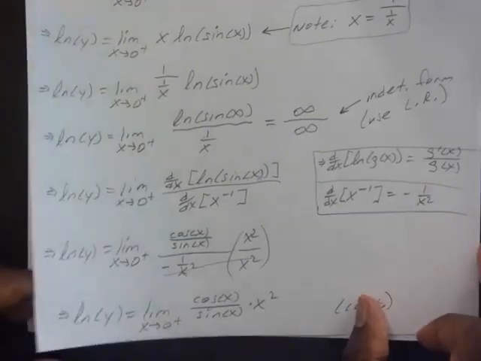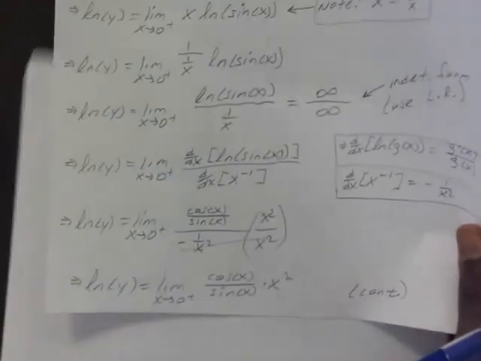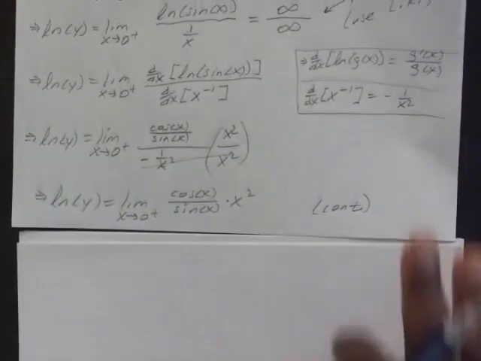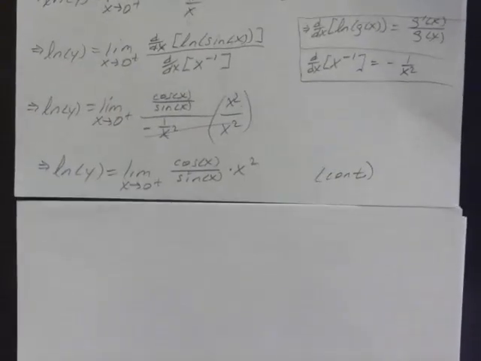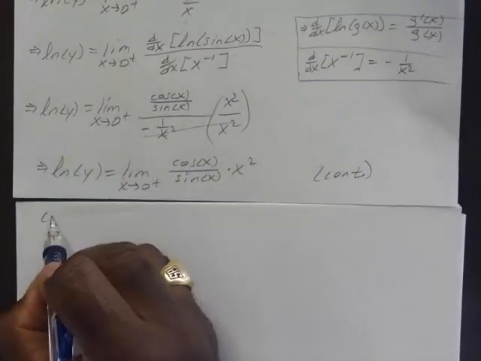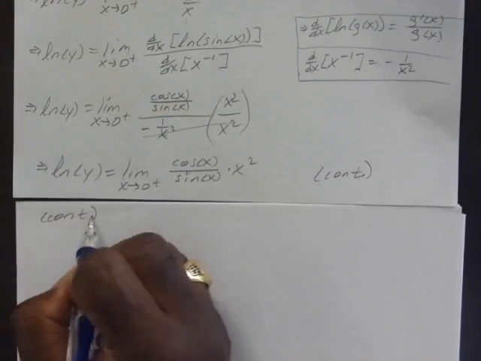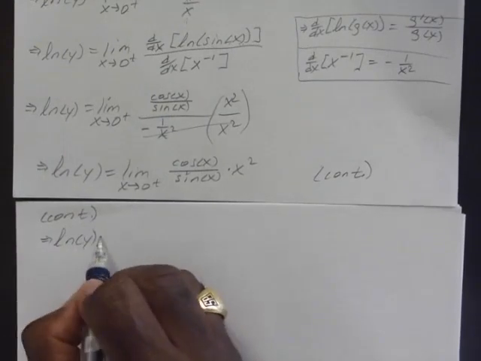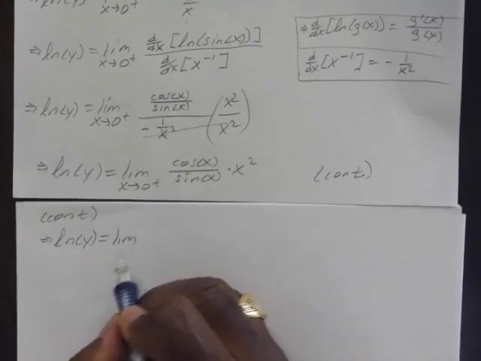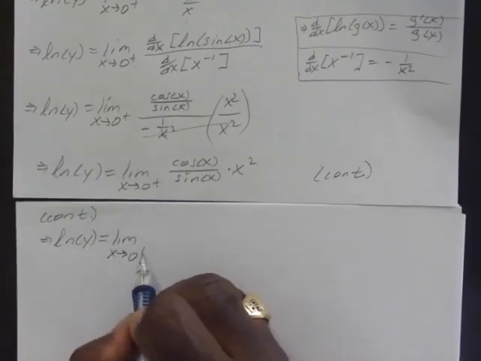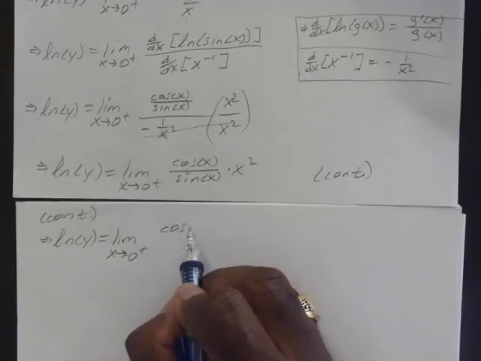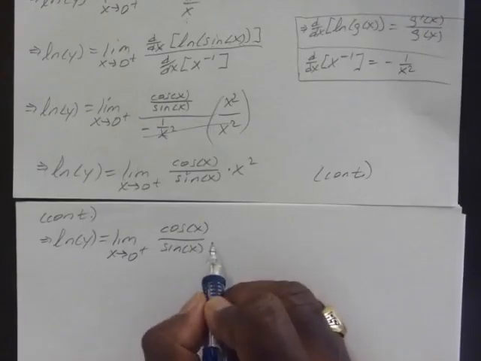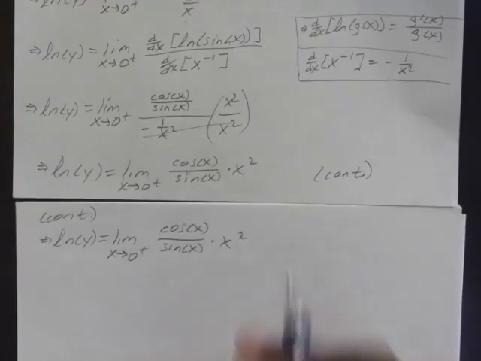All right, write down where we left off. And that was that the natural log of y is equal to the limit as x approaches 0 from the right, cosine of x divided by sine of x times x squared.